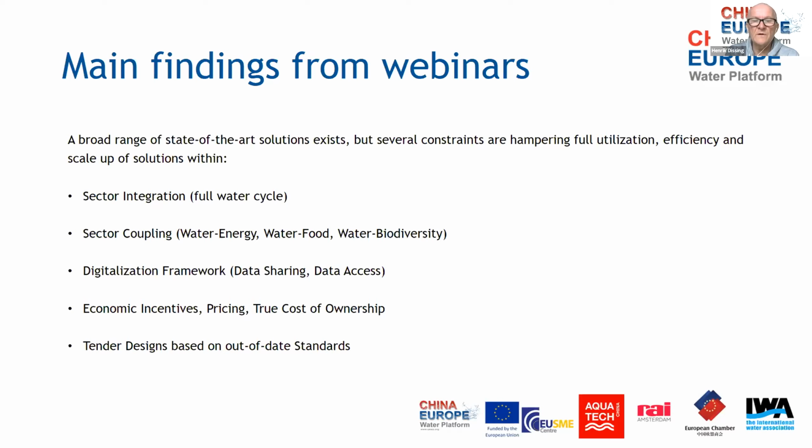The water-energy, the water-food, and the water-biodiversity nexuses must be combined more closely. And this is what we will have a look at, particularly today, where the solutions will cover, in many cases, both water and energy.